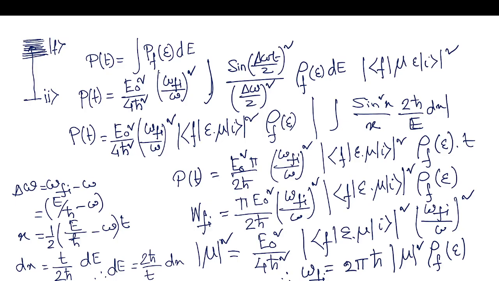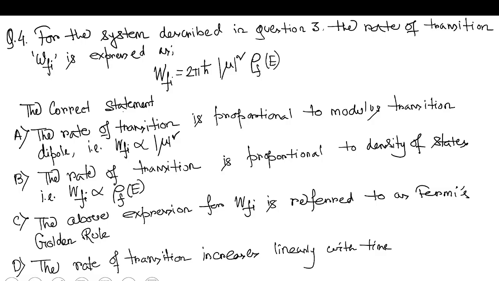Now if I look at the formula and the question, it says the rate of transition is proportional to the square of the transition dipole, so this option is not correct.